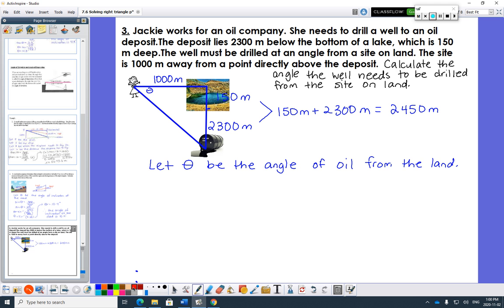Okay, so it's easier to measure the angle from where you're standing, anyways. Okay, so this 1000 is next to it, so this is adjacent. This side over here is opposite, and the way that they have worded this question, you need both together. Okay, so you need the whole side. Not sine, sorry. So we have opposite and adjacent, so that's tan.